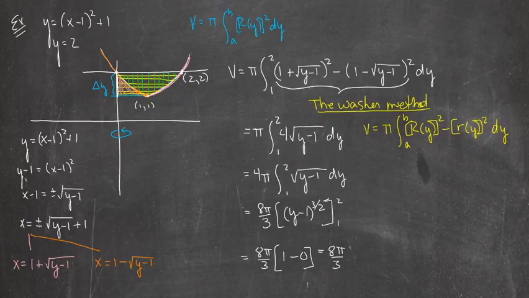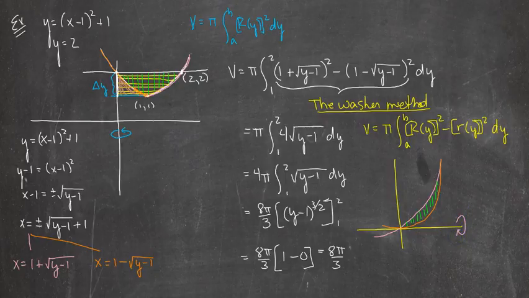There's an analogous version. So suppose, let me color code again with the pink, I have some outer radius and some inner radius, and I want to evaluate this area wrapped around the x-axis.